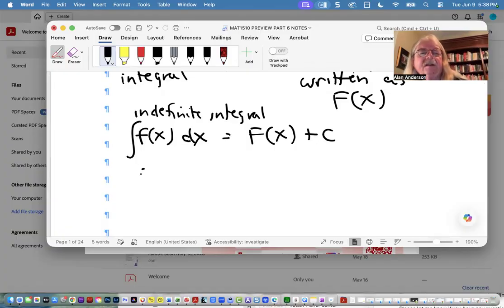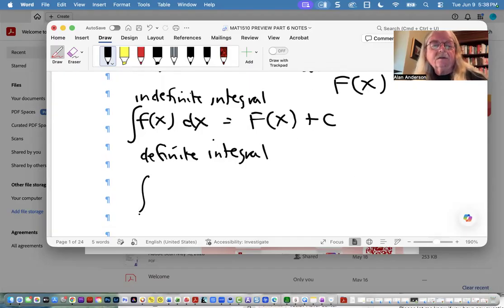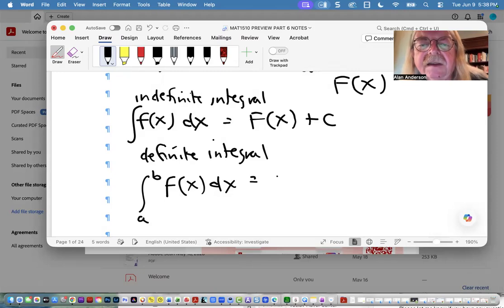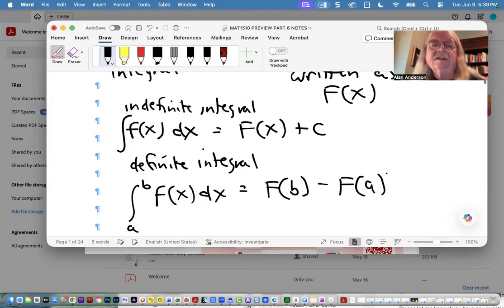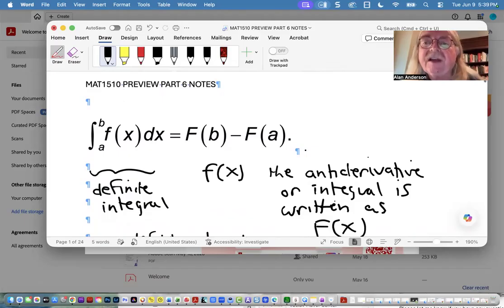But if you have a definite integral, that means we need to solve for a specific value, and so we handle it a little differently. We're going to evaluate the antiderivative at both a and b and subtract one from the other. So that's what this is telling us. We evaluate the integral that we come up with twice, once at point b, once at point a, and then subtract one from the other, and that will give us a specific value.